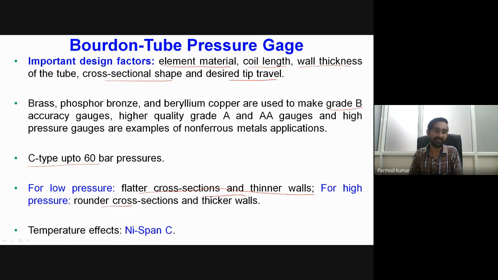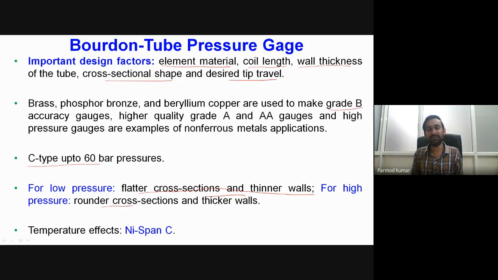Okay. And obviously, if we have some hot fluid interacting with the surface of the tube, or if our surrounding conditions are at different temperatures, then because there will be some thermal expansion and contraction of the tube material involved, there may be some errors in our pressure measurements.